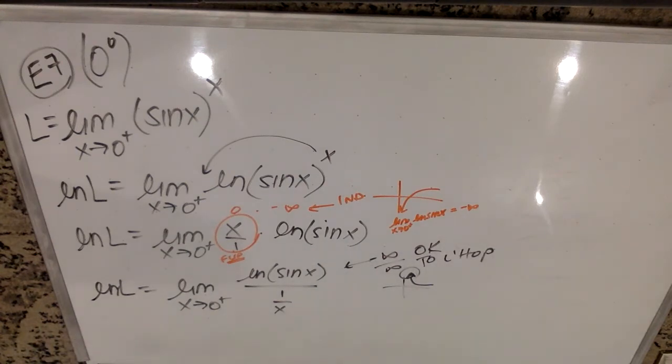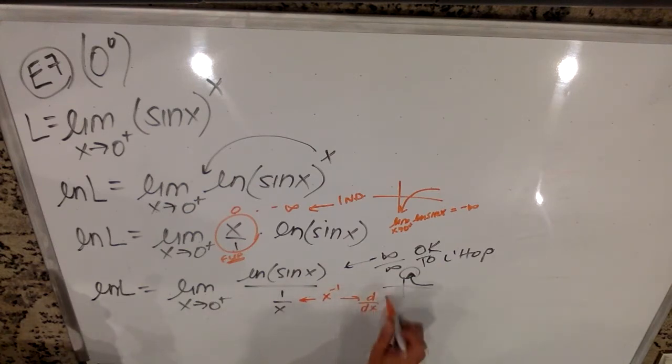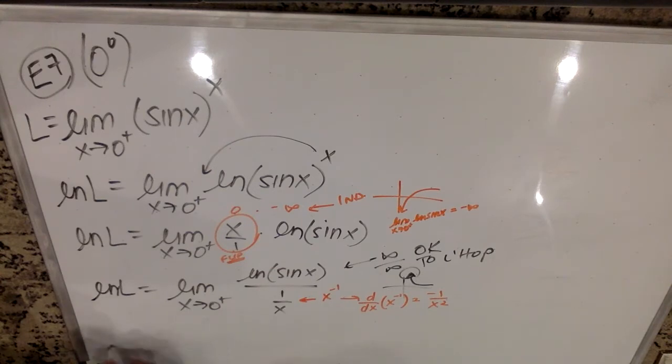So now I'm going to go ahead and do L'Hopital's. It's kind of worth noting that this is an x to the negative first. You might want to memorize that when you do the power rule, it ends up looking like a negative 1 times x to the negative second. You don't have to, but it's kind of useful. So the natural log of L equals the limit as x approaches 0 from the right of natural log of sine x.